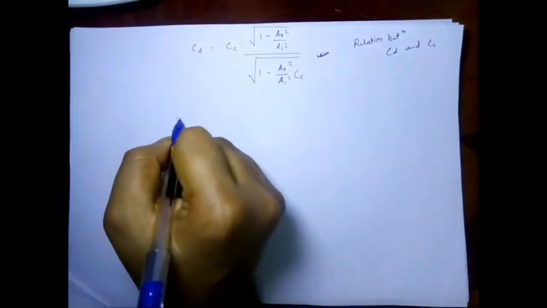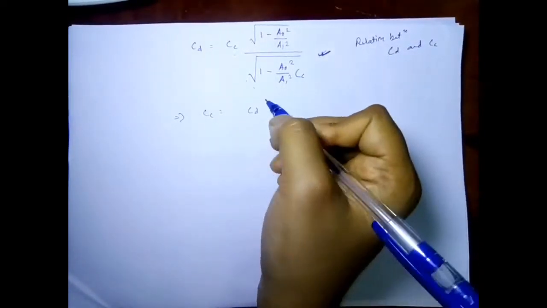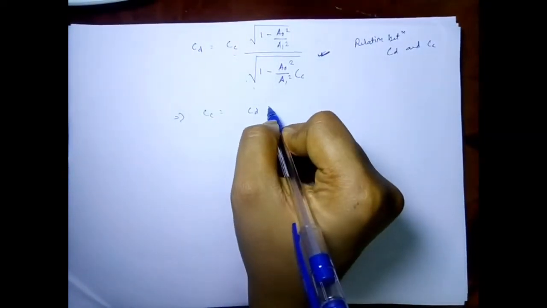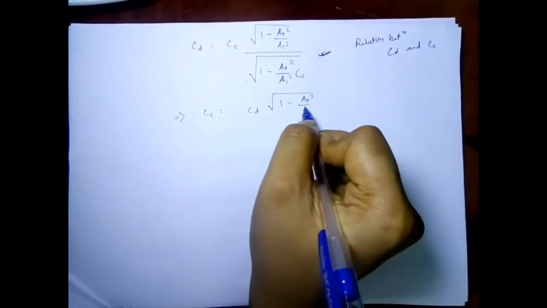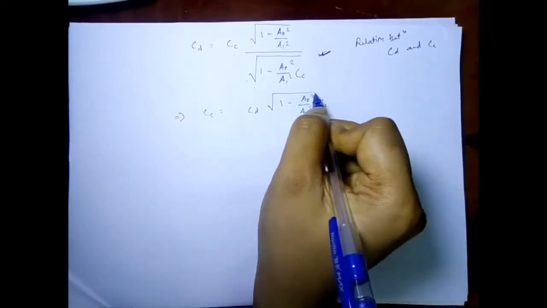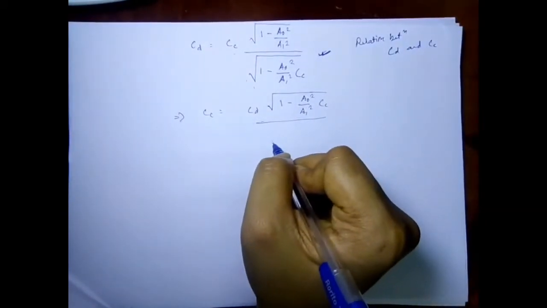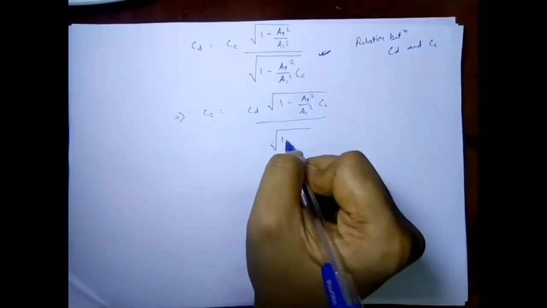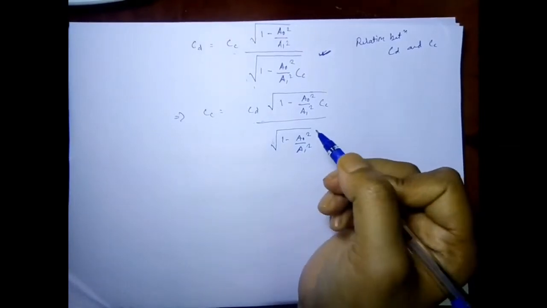So from here I can write CC is equal to CD times square root of 1 minus A0 square upon A1 square times CC, divided by square root of 1 minus A0 square upon A1 square.